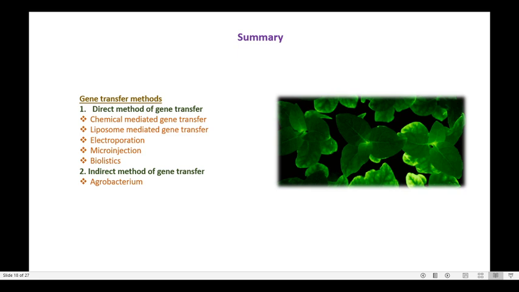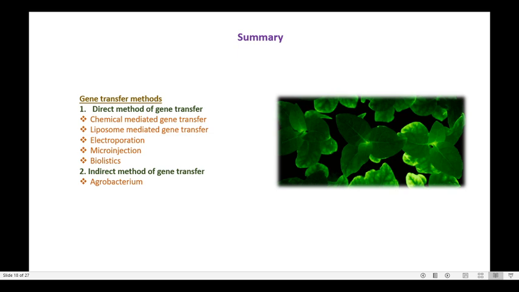To summarize, we have seen different gene transfer methods in this video: direct methods and indirect methods of gene transfer in plants. In the direct methods, we have seen chemical mediated gene transfer, liposome mediated gene transfer, electroporation, microinjection, and biolistics, and in the indirect method we have seen Agrobacterium.